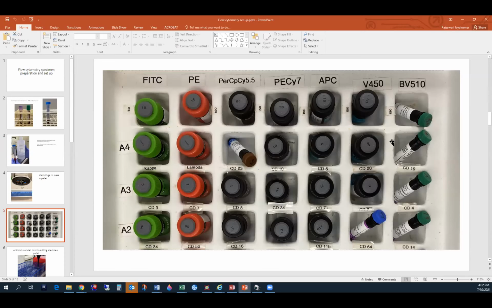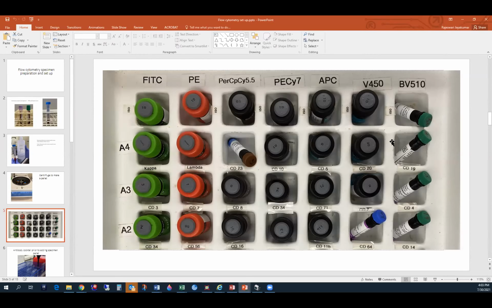So just to let you know what an antibody cocktail is: for each analysis, for example bone marrow analysis, we would need a set of tubes. Depending on how many colors your instrument is capable of analyzing at a time, it ranges from 4 to, nowadays, even 16 or more colors.